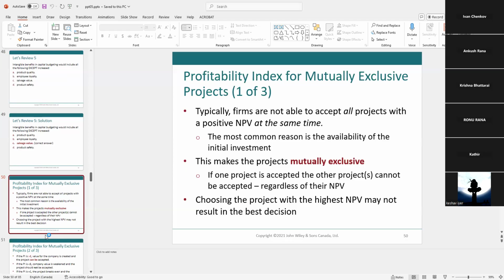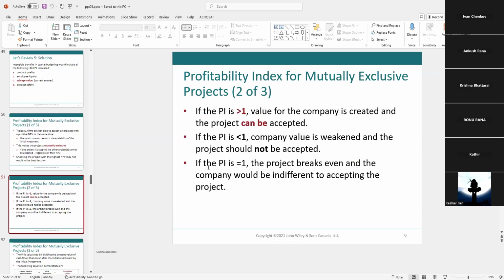The question is, on which project should I invest? Now that makes the projects mutually exclusive. So now we have to choose the project with the highest net present value. That may not result in the best decision. So choosing the one that has higher net present value might not be the best decision. So how can we see it?